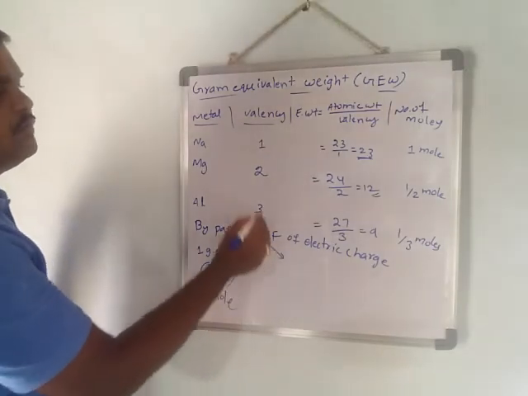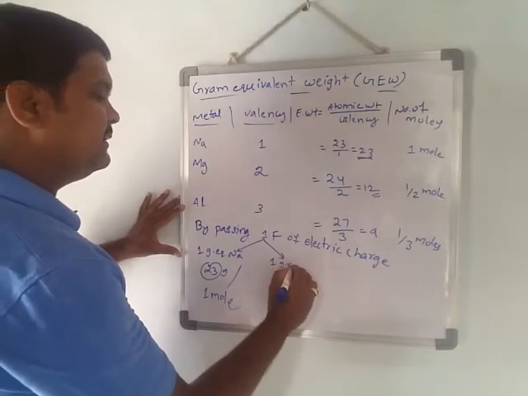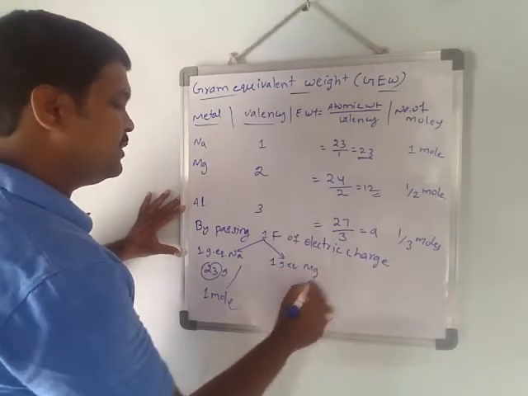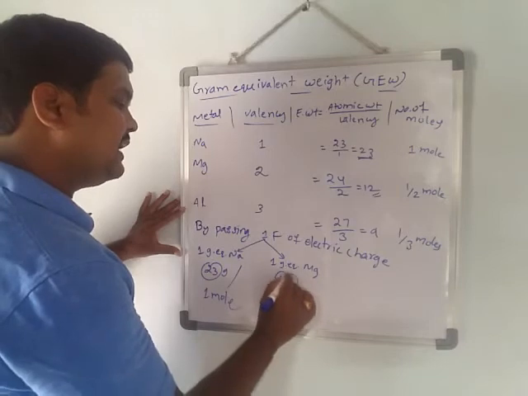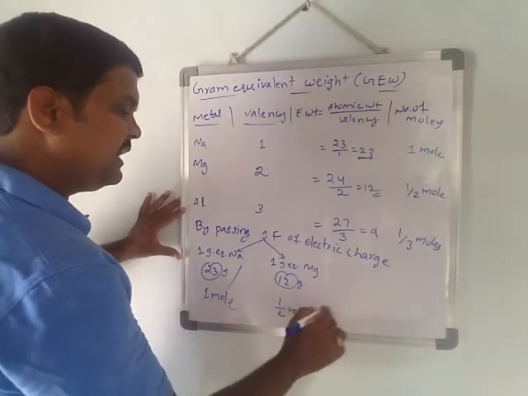By passing 1 Faraday of electric charge, 1 gram equivalent of magnesium is deposited, that is 12 grams, that is 1 by 2 mole. I think you are able to understand.